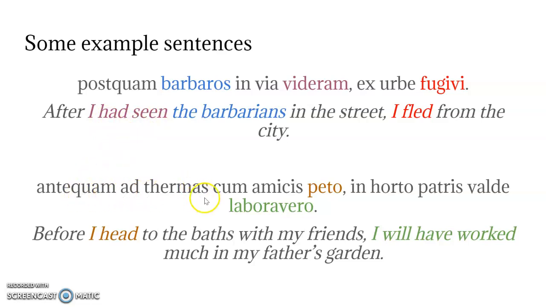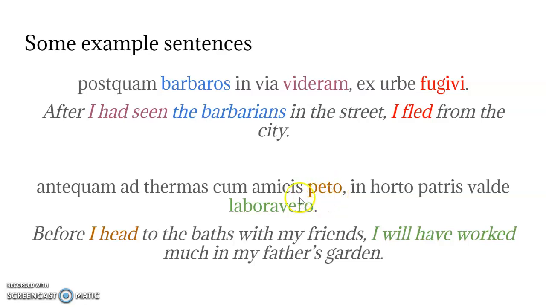Antequam ad termas cum amicis peto, in horto patris valde laboravero. Good times. Antequam ad termas cum amicis peto. Antequam is the opposite of postquam, it means before. Antequam peto. Before I head, and peto means like to head for. It also means to attack, but in this case, it's going to mean head. So this is present tense.